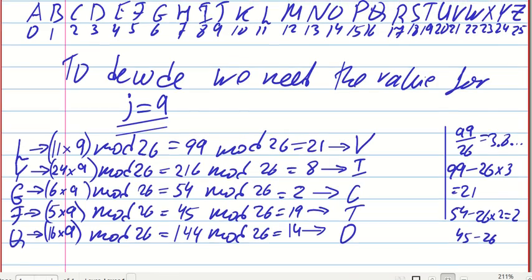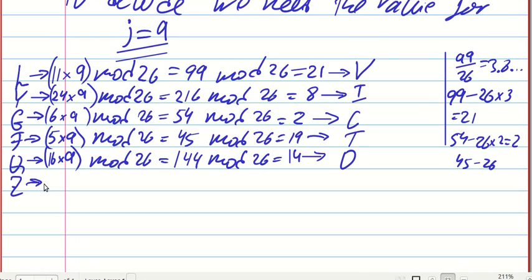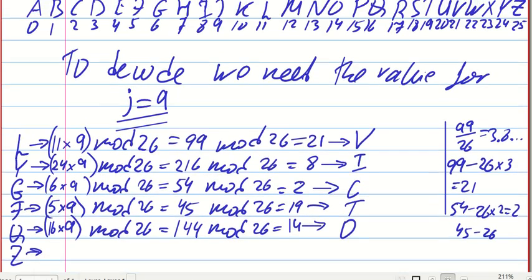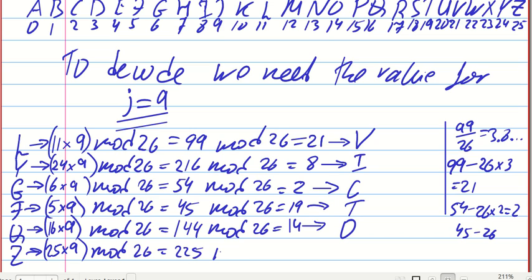All right. So the next letter we need to do after Q is Z. So we take Z, we look it up. Z is 25. 25 times 9 mod 26. So let's do this out. So we have 25 times 9, so it's 225. 225 mod 26.